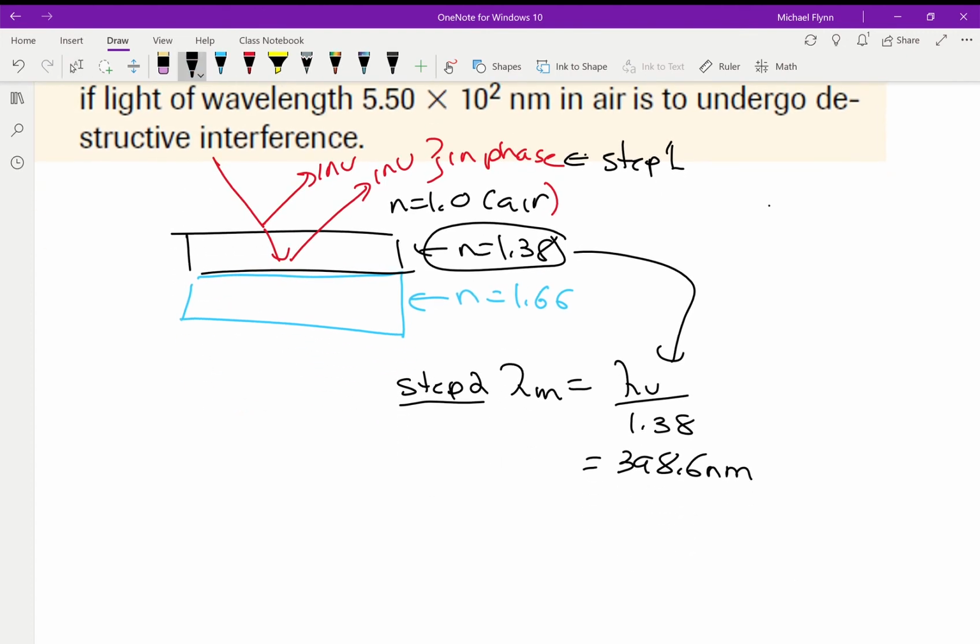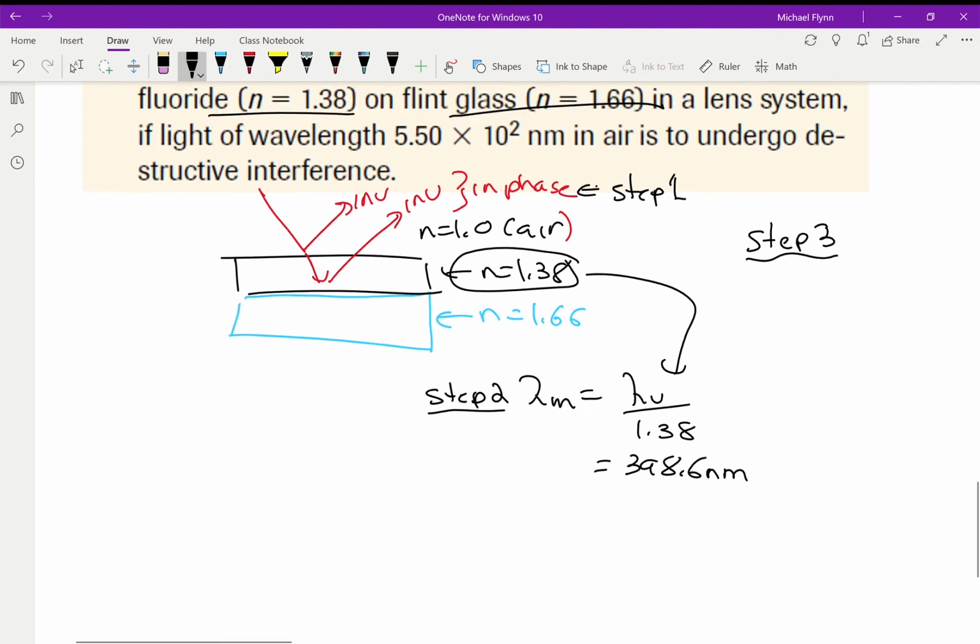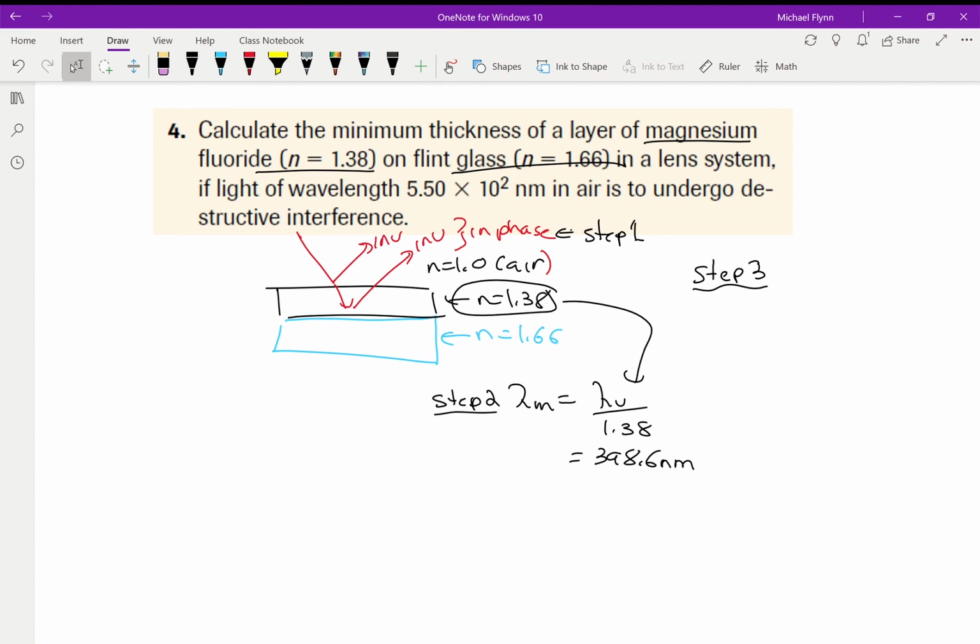And now we go ahead and do step 3. Now, guys, step 3, I'm looking for destructive interference. So what will give me destructive interference? The first path difference to do that will be half of a wavelength. Now, why is it half of a wavelength? Well, because of step 1. They're both in phase, so they're in step with each other.